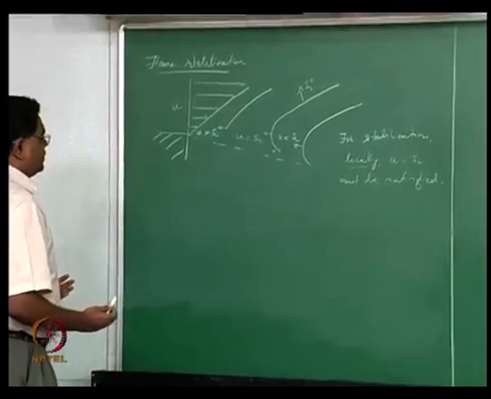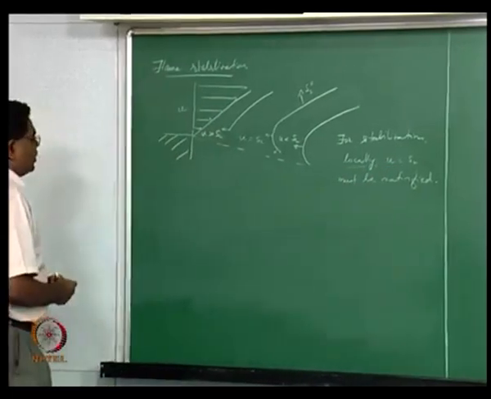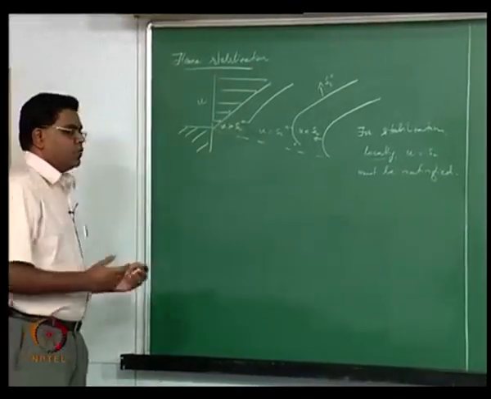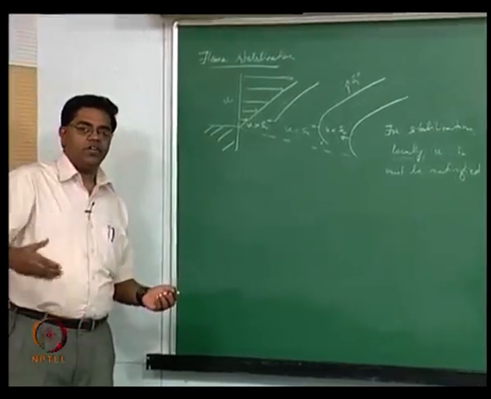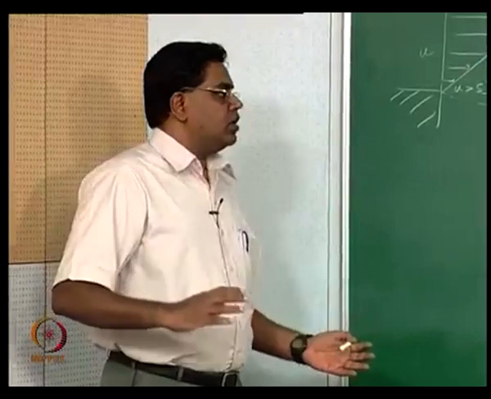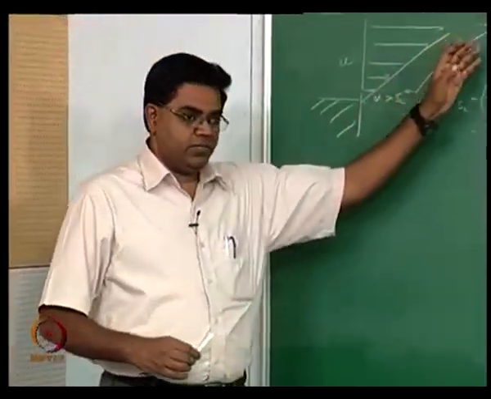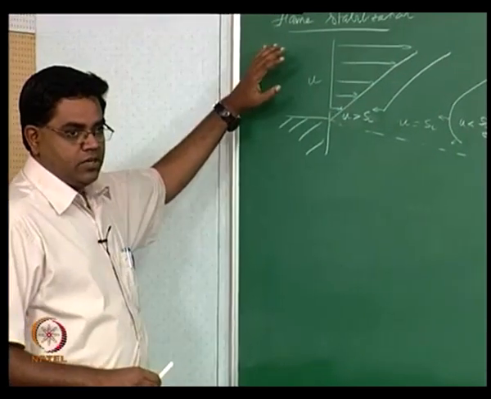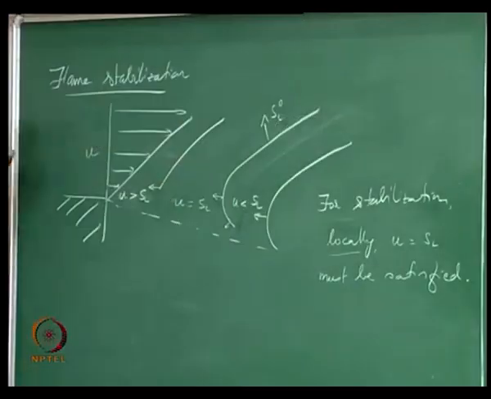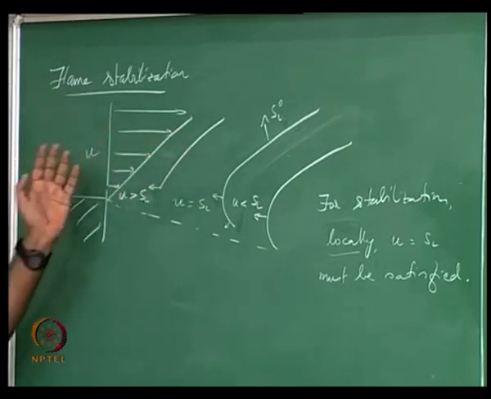Then what we look for is two occurrences: what happens when this condition cannot be satisfied? In two ways. One, if you progressively keep on decreasing your flow velocity, or progressively keep on increasing the reactivity, maybe by changing the mixture stoichiometry towards the stoichiometric mixture, so that the flame speed keeps increasing for the same flow velocity.